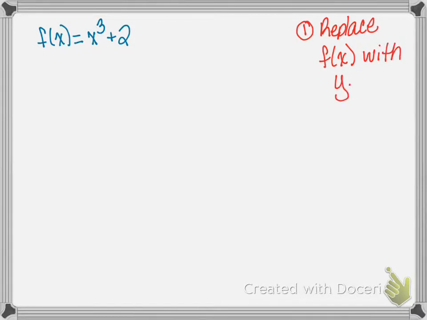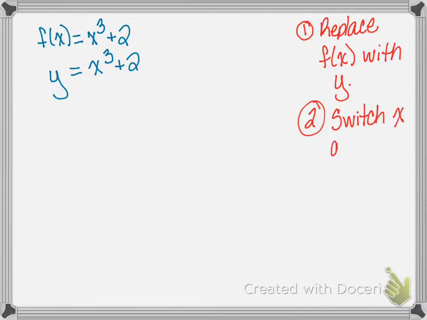So I'm going to take out f of x and put y. So I have y equals x to the third plus 2. The second thing I'm going to do is switch x and y. So I'm going to switch both up. That means that I'm going to have x equals y to the third plus 2.